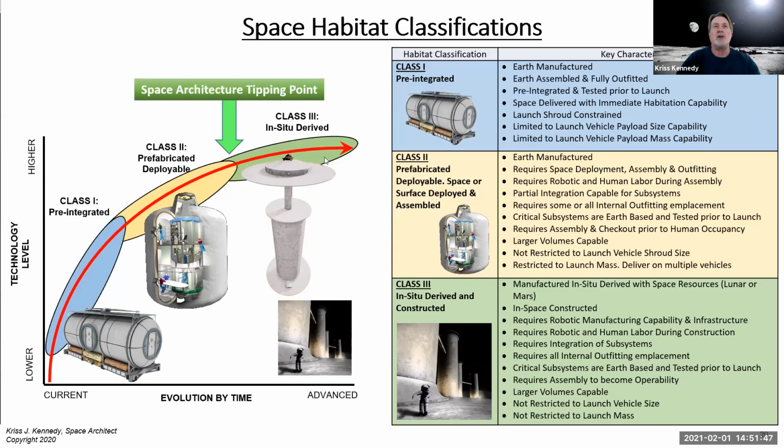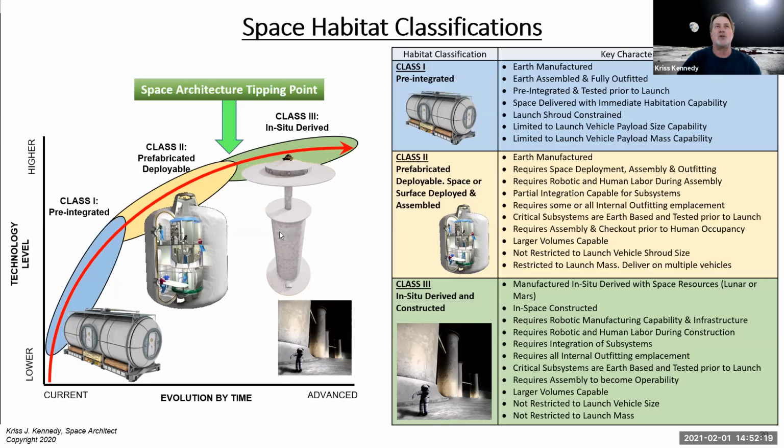And then the ISRU-derived structures are really becoming well known now, and a lot of people are beginning to look at this as a way to build our infrastructure, our facilities, capabilities, and habitats on the Moon and Mars. So I feel space architecture is at a tipping point, and this will be the tipping point by which we really start to move towards in situ derived structures, or these class 3 habitats.